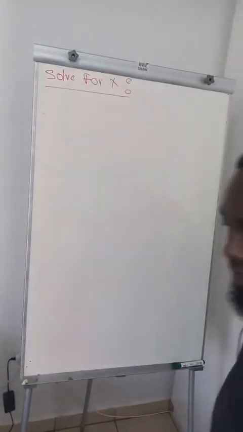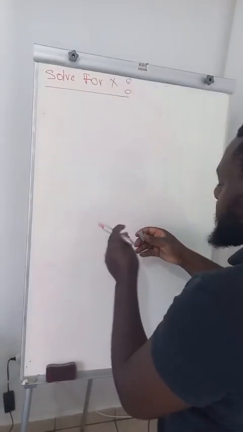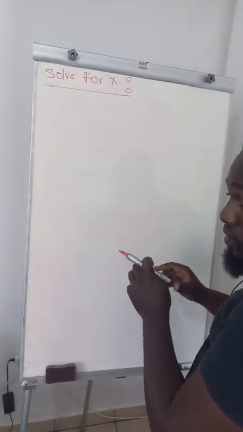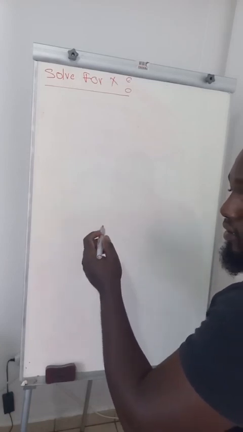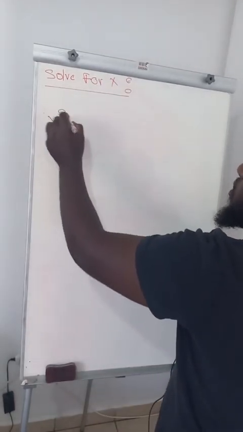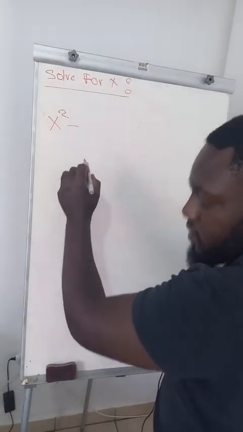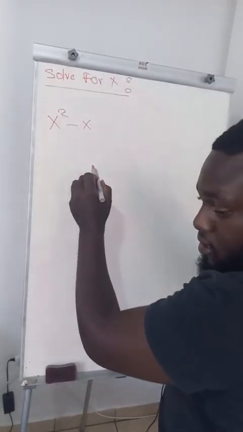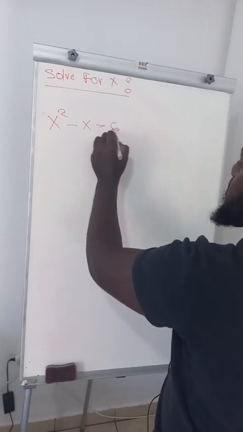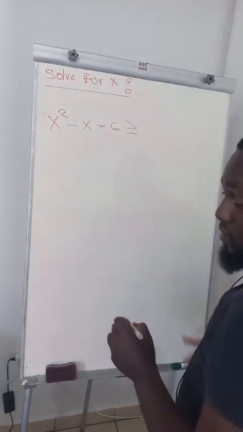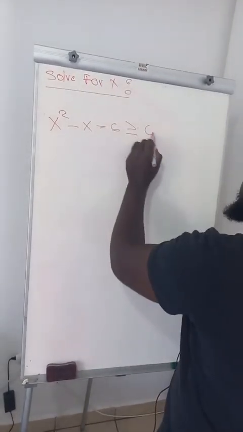So moving past that now, let's come to an inequality. Now I will try to explain something before solving the inequality. So for the inequality, we are having x squared and then minus x and then minus 6, greater than or equal to 6.